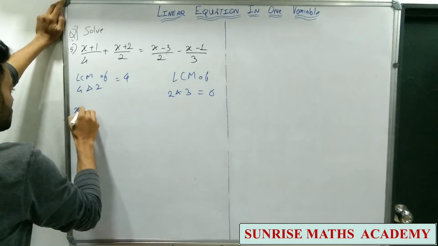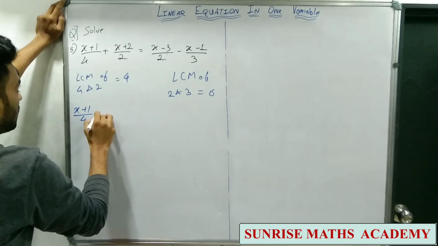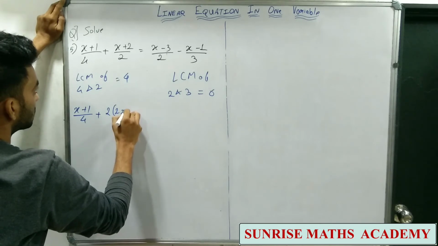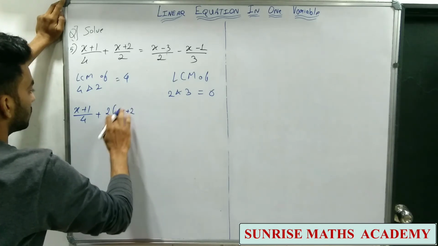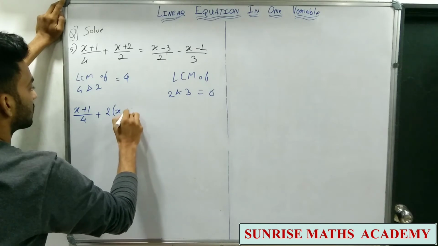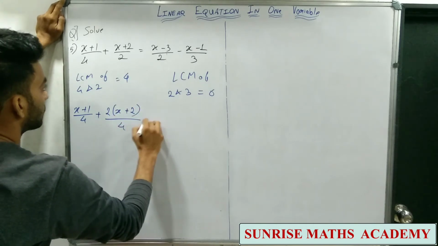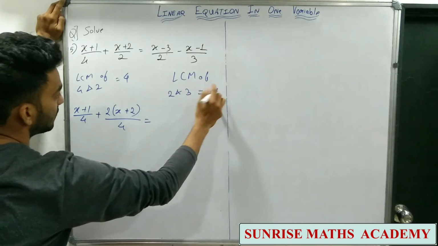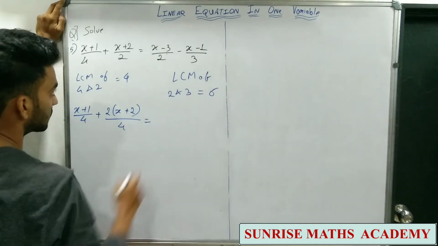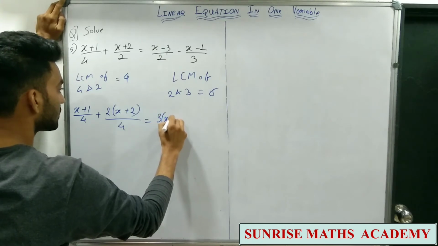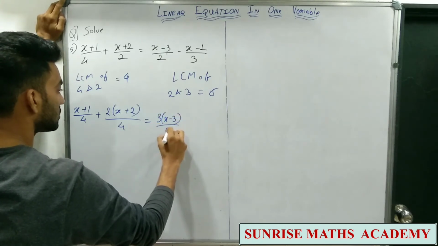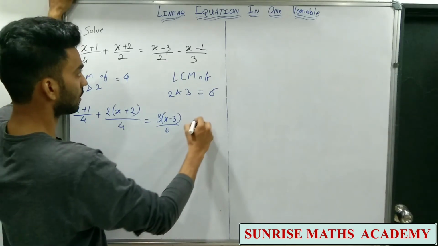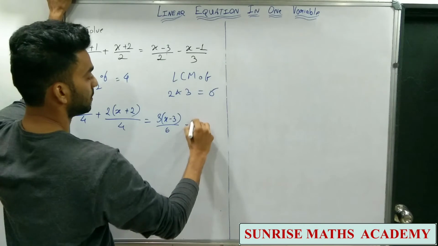So on this side 4 is the LCM, so this is x plus 1 upon 4 plus, here we multiply by 2, so this is 2x plus 4 upon 4. On this side here this is 2, will multiply it by 3 because the LCM is 6, so 3x minus 9 upon 6 minus 3 is there, so we multiply by 2.